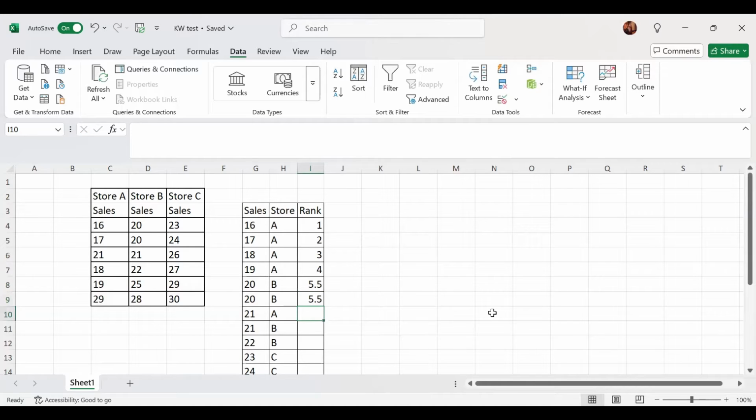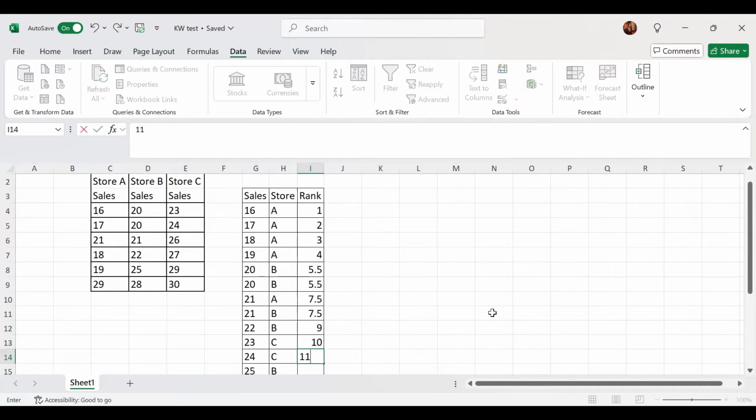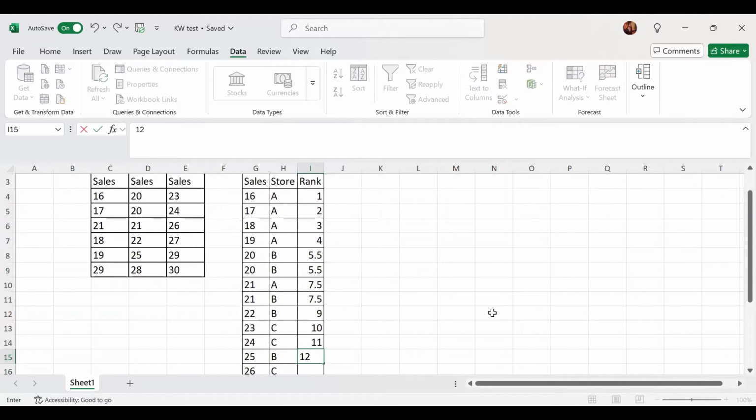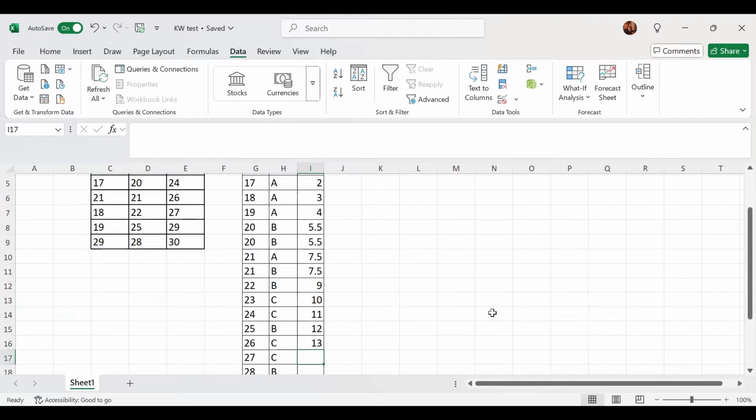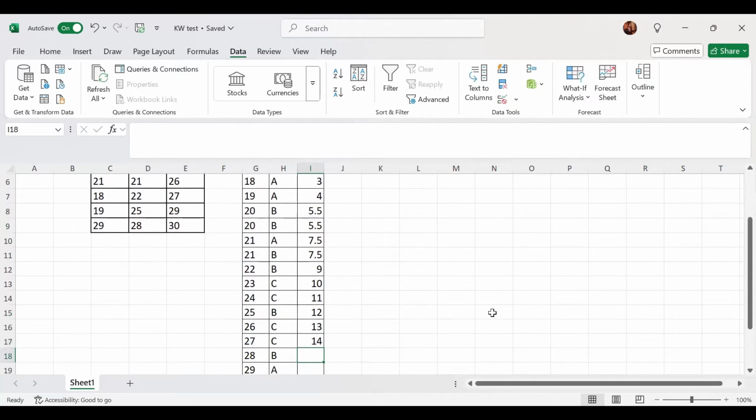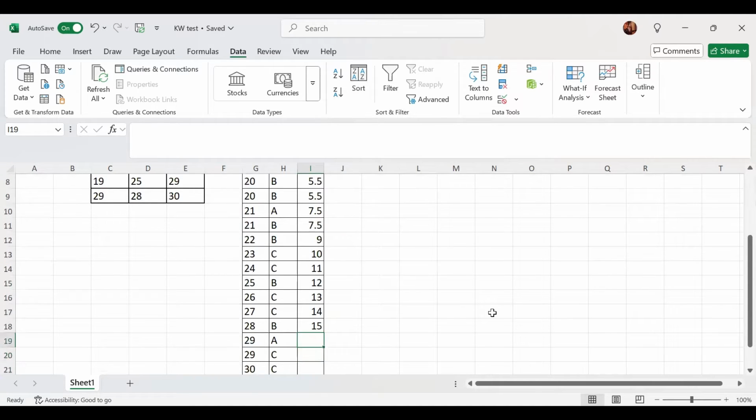21 is also repeating twice, which means the 7th and 8th ranks are being shared. So 7.5, 7.5. 22 will be given the next rank, which will be 9th rank. 23 10th rank, 24 11th, 25 12th, 26 13th, 27 14, 28 15, 29 is being shared between A and these two.